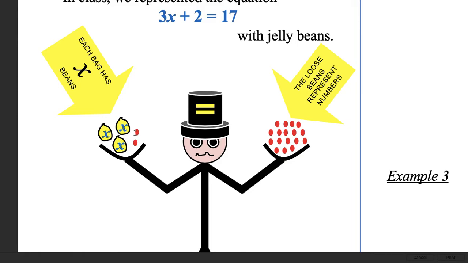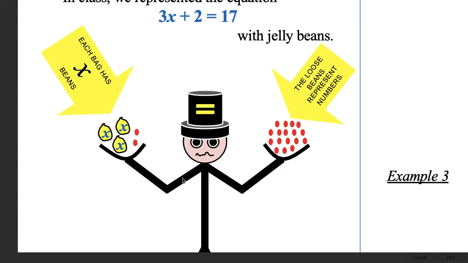So 3x plus 2 was 3 bags of beans with an unknown quantity in, plus 2 loose ones, and then 17 was just 17 loose ones. Each bag has x beans, and the loose beans represent numbers, and right in the middle is the equal sign.